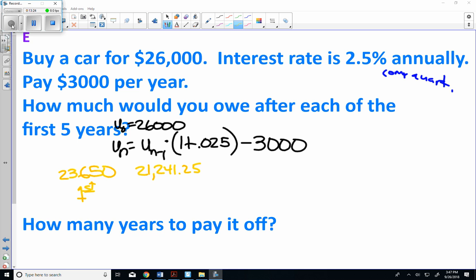Then the following year, you're going to be at 18,772.28 left to pay. The year after that, it is going to be 16,241.59 left to pay.